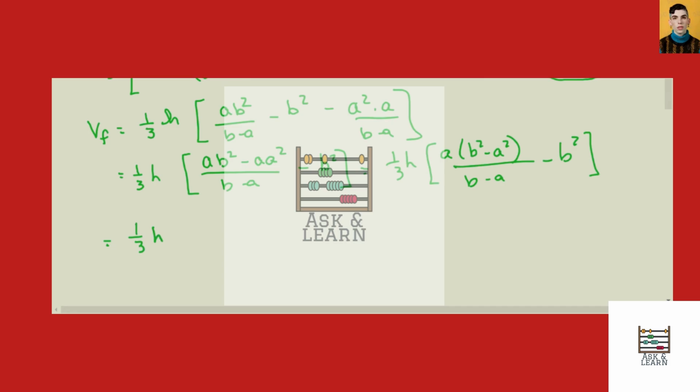That's 1/3 h. Now I'm going to factor the B squared minus A squared into B minus A times B plus A, so I can cancel the B minus A's.